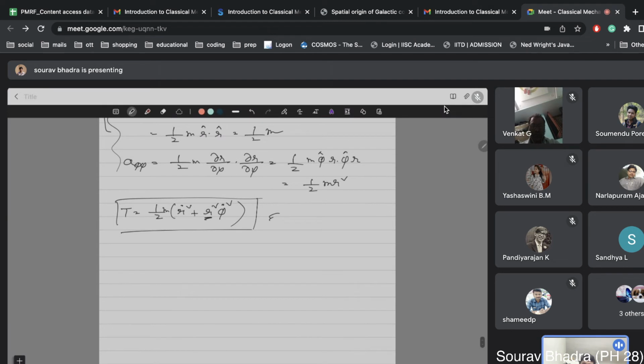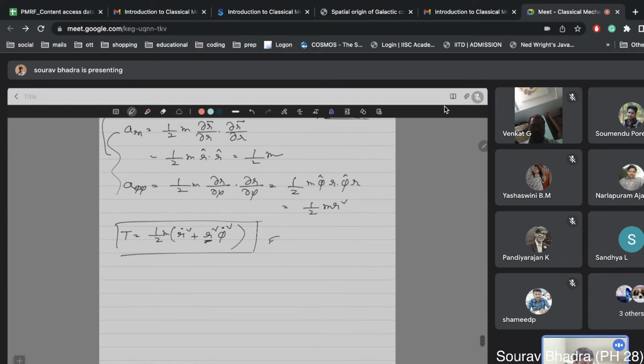Okay, so for cylindrical coordinate there will be another dimension, that is z, right? No, not rho. I mean rho and r are the same. So you can write r or rho, but the convention is rho, whatever. So for that case it will be rho dot square plus rho square phi dot square, and there will be an extra term of z dot square.